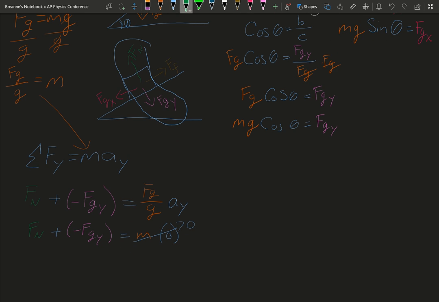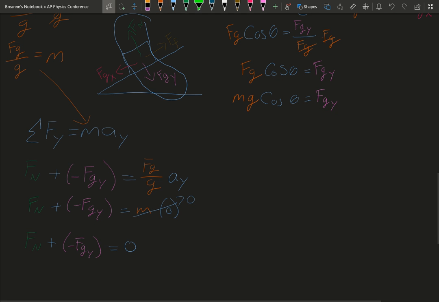So we get that our normal force plus our force of gravity in the y equals 0. So we can go ahead and bring this to the other side.